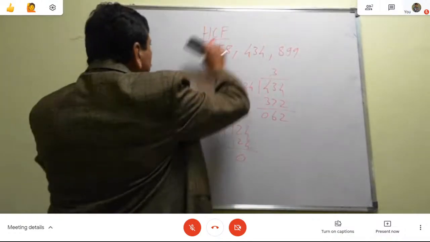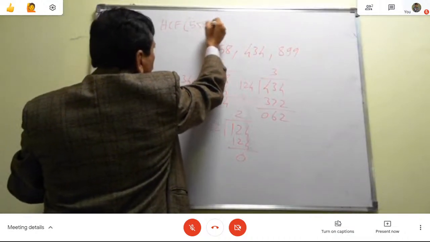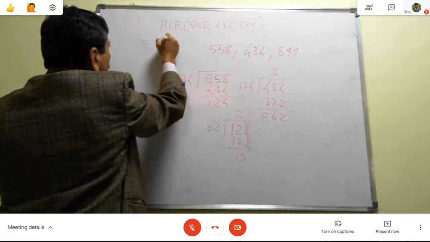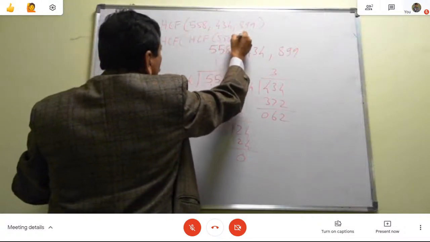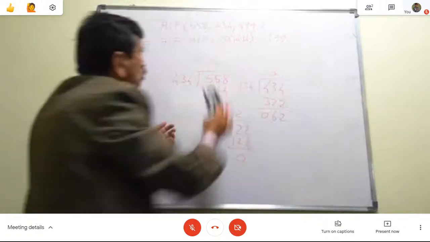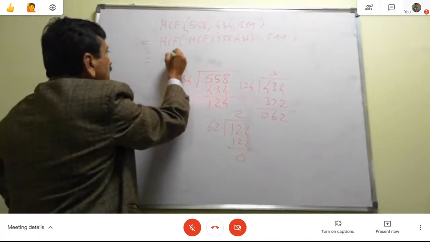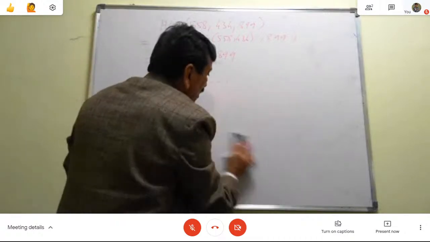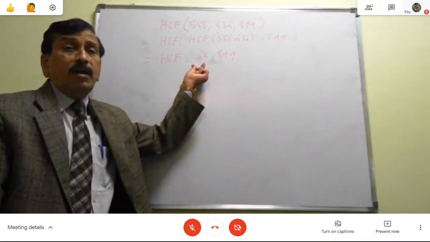So typically what we realize is that we are supposed to obtain the HCF of 558, 434, 899, which is equal to the HCF of 558 and 434 and 899. So we obtain the HCF of the first two numbers, and then the HCF of this versus this, so it is equal to the HCF of 62 and 899. This division was simple and smaller, and it yielded a small number.